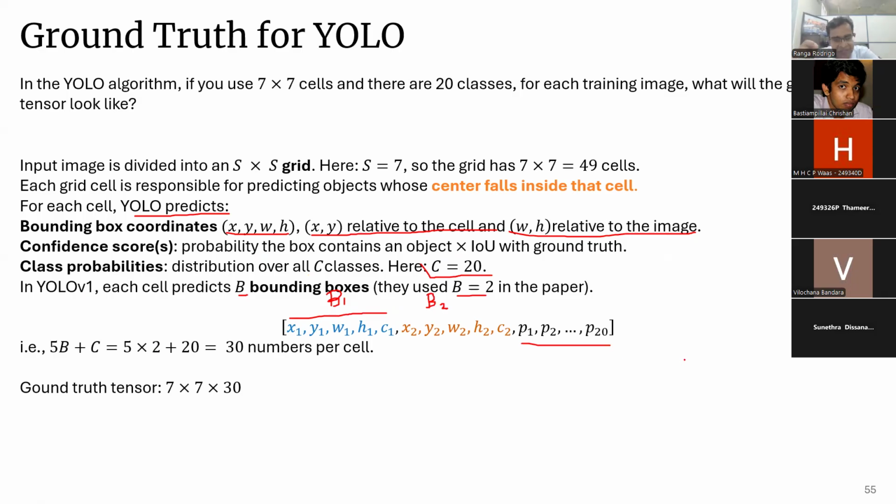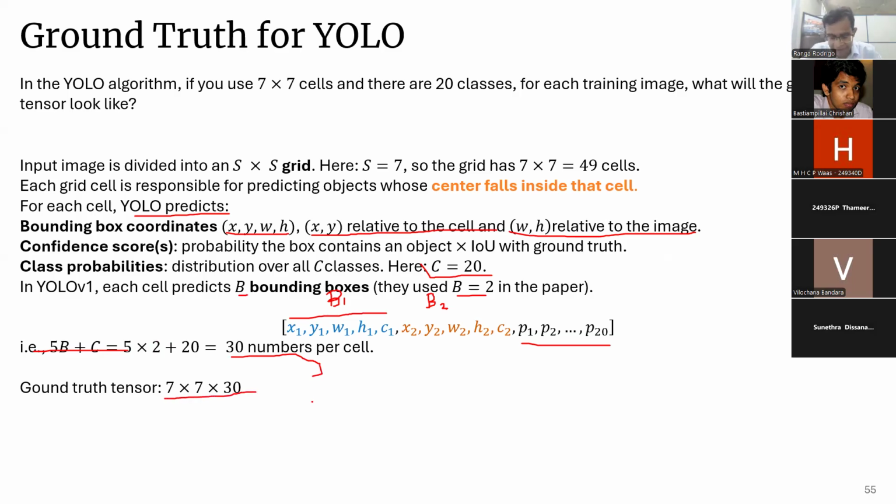So out of them, 1 will be the highest. So in this case, 5B plus C, 5 times B, so that is 10 plus 20, 30 numbers per cell. So therefore, the ground truth tensor should be 7 by 7 times 30.